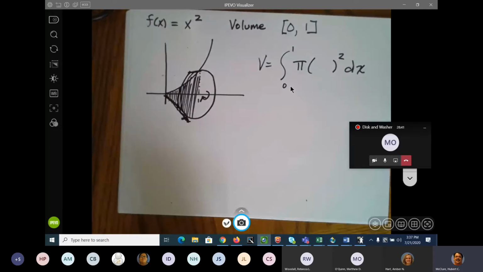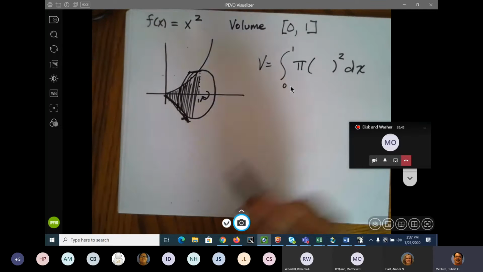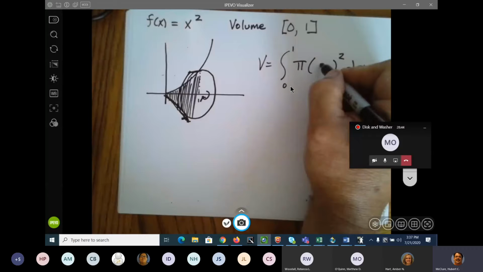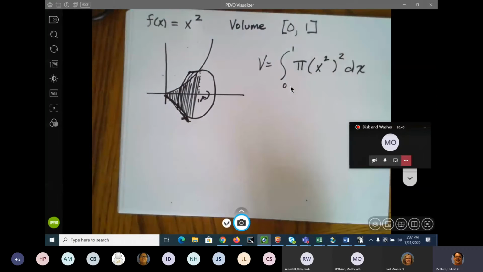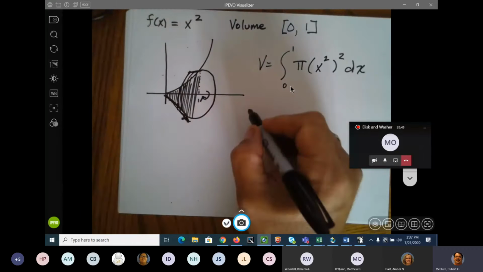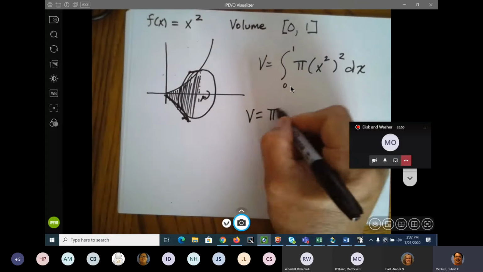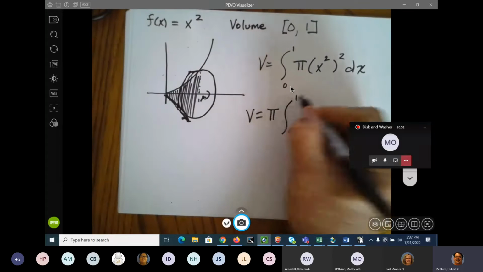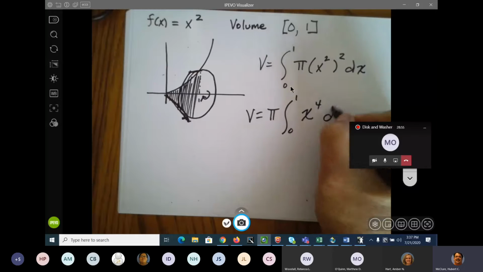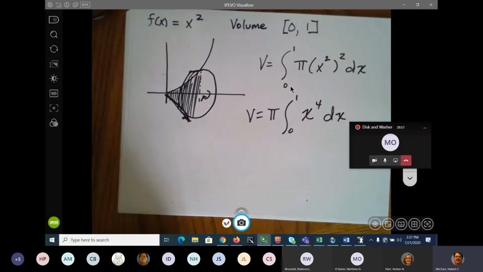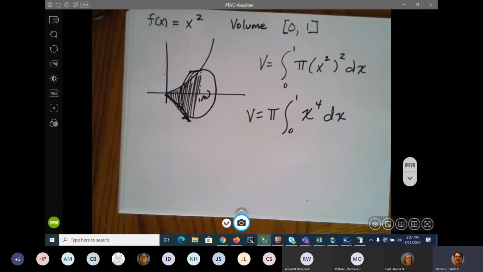And the smaller those hairlines, the better. And that's going to give you x squared here. So that's going to be v is equal to pi, 0 to 1, x to the 4th dx. And now it's nothing but antiderivative.